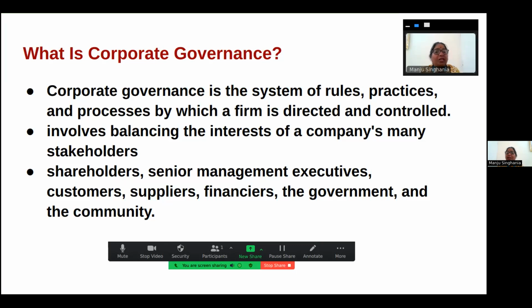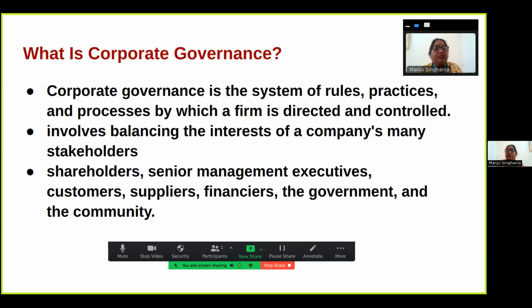For example, shareholders are there who have invested the money. Management executives are there, who are the promoters and decide everything for the company. Customers are there, suppliers are there, financiers are there, because when we talk about investors and shareholders, short-term and long-term financial requirements are there.